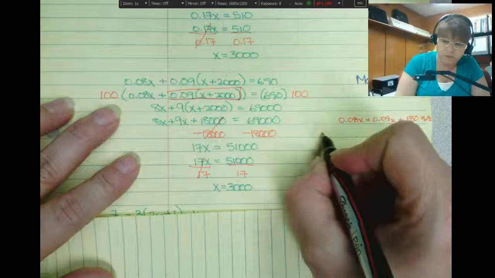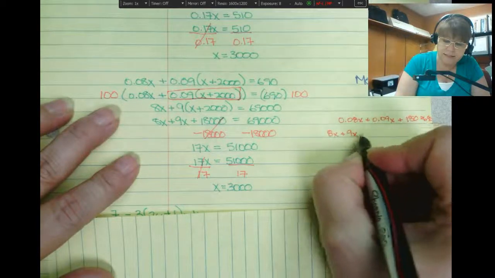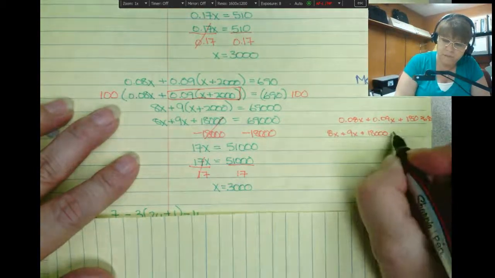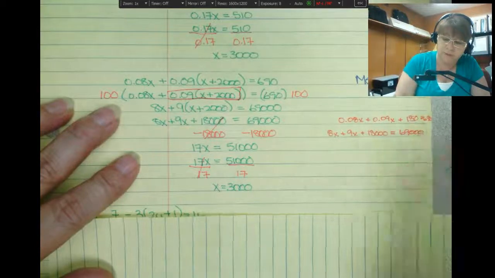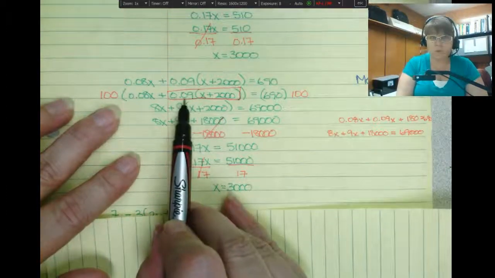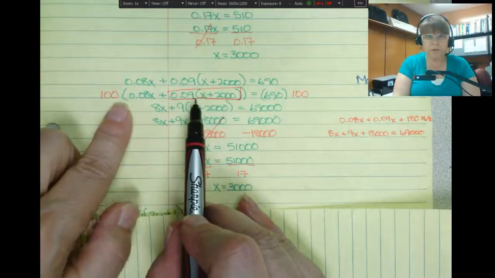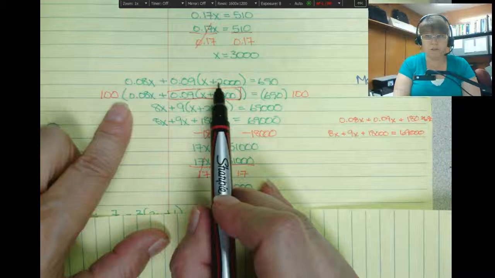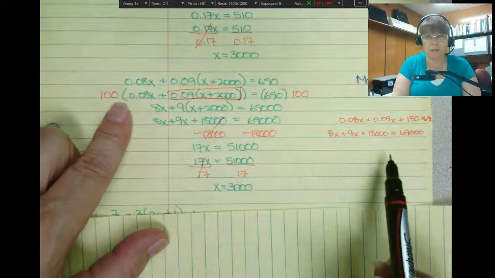So if I multiply everything by 100, I get 8x plus 9x plus 18000 equals 69000. Whether you prefer keeping the term together, or first expanding the term using the distributive rule, that's up to you. You'll still get the same amount in the end.